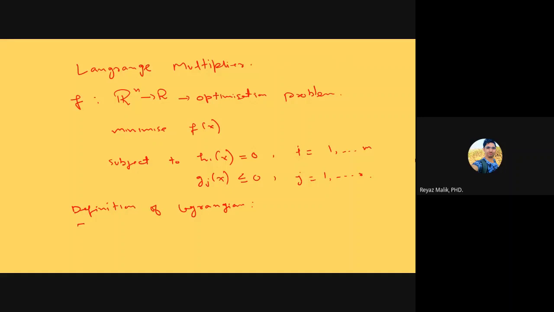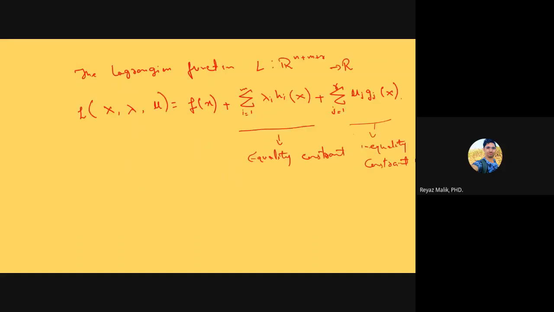When we are solving any function f of x with respect to equality as well as inequality constraints, both things will be included in one function. And that's why in the first part here you can see lambda and mu have come. Lambda will be the equality one, and mu will be the inequality multiplier. Correct? No doubt in it.